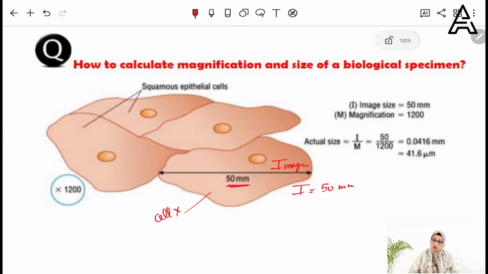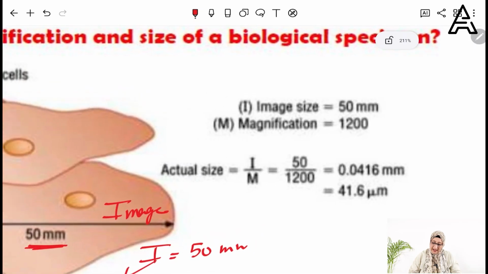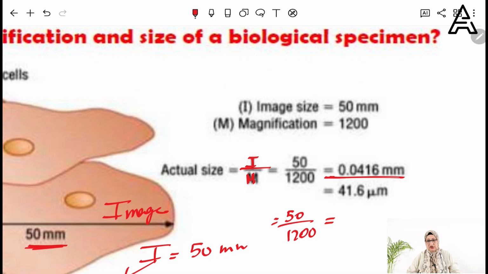Look for the magnification usually underneath the drawing on the right or the left side. يبقى هنا magnification equals times 1200. يبقى you've got the I, you've got the M. Can you calculate the A? يبقى ال A equal ال actual size equal I over M. يعني 50 over 1200. اوكي؟ الكلام ده هيبقى equal النمبر ده 0.0416 مليمتر. يبقى it's very simple to apply the rule.